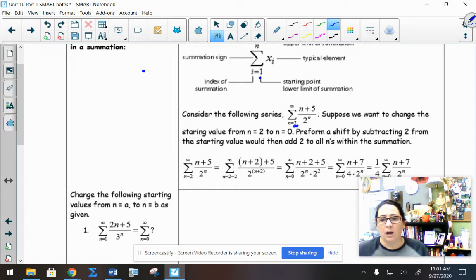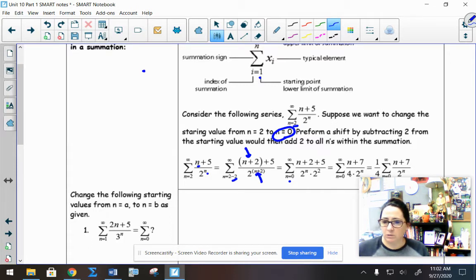If I take this 2, I would have to subtract 2 to get to 0, and we can't just subtract without balancing it. So if I subtracted 2 from n here, then everywhere I see an n, now I have to add 2. And then I can reduce whatever that becomes. And here, make sure you can see step by step what happened.